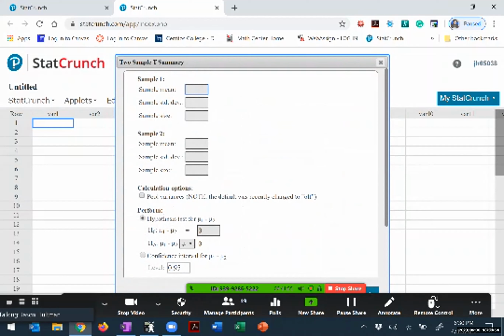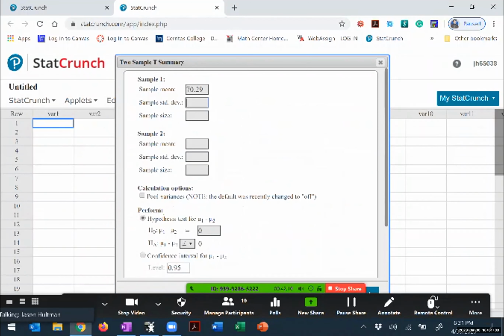Our sample mean for group 1 was 70.29. Our sample standard deviation was 22.09. Our sample size was 30.